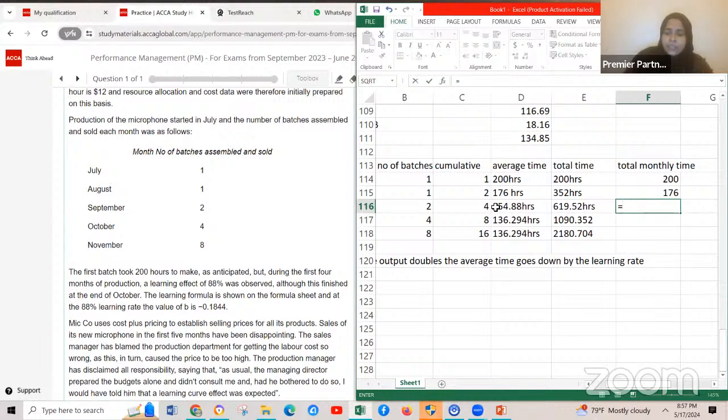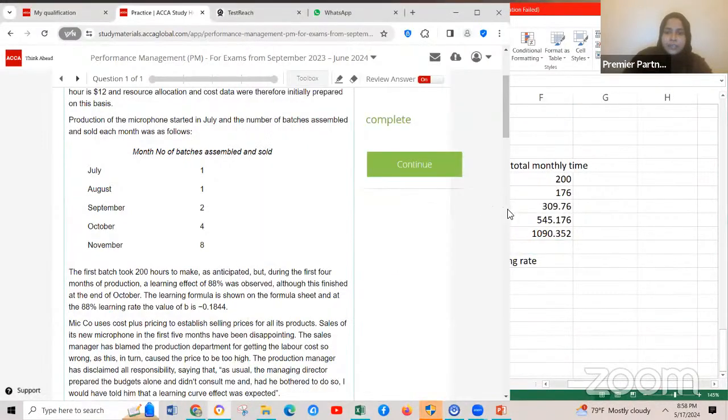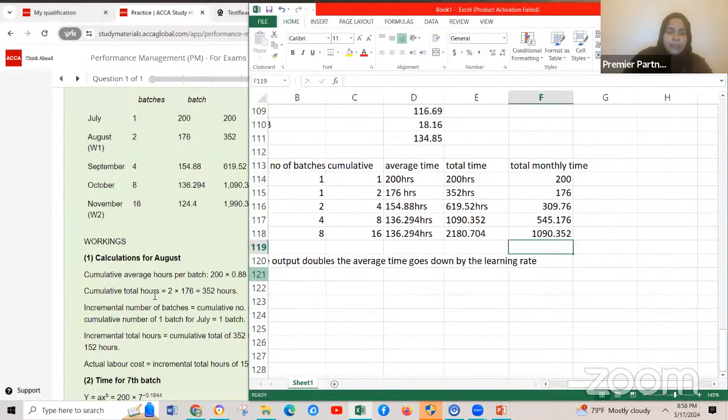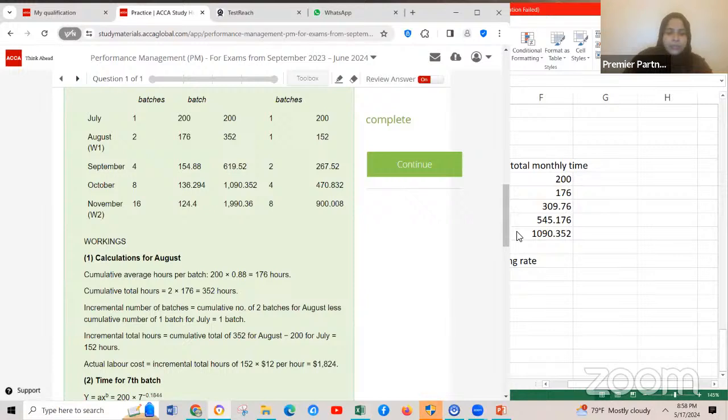Yeah, average is 154, but in that month actually 2 were made. This is the total time for that month. Now they're asking the payment for that month. So we can multiply by 12 and take it.